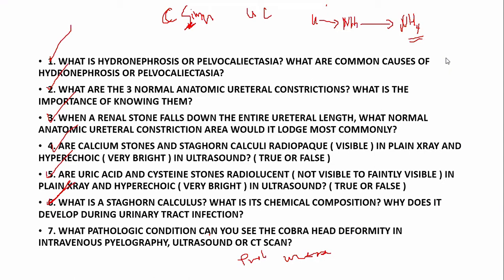Yes, you will know more later on. One cause of ureterocele is when you develop... Very good. So you get a perfect 7.